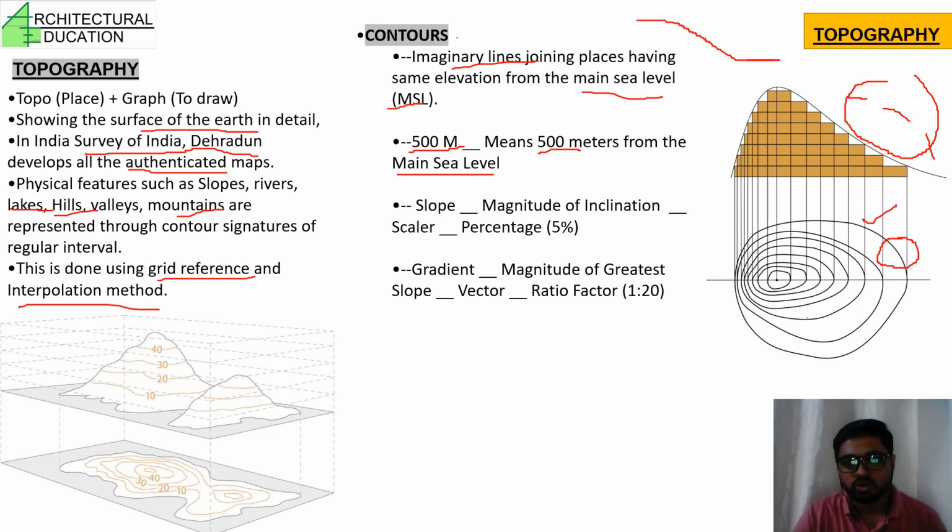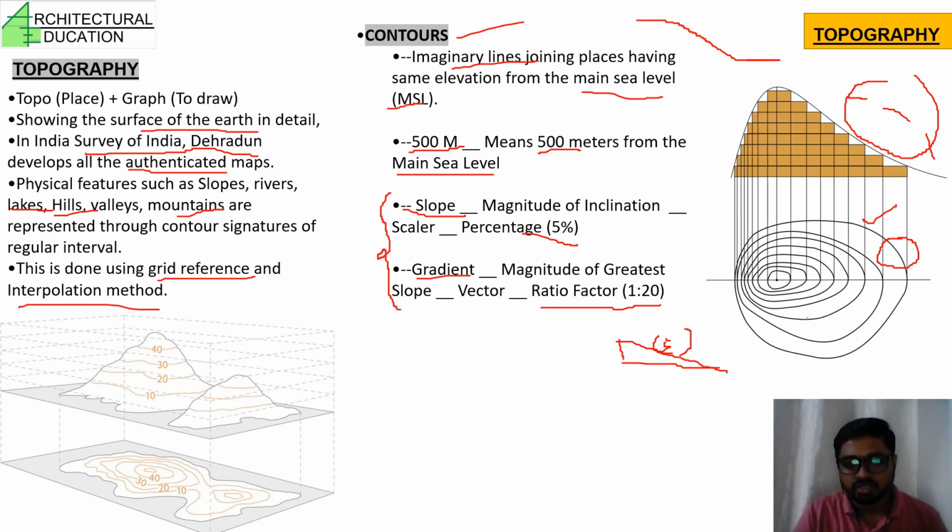When it comes to contours, there are two important factors which are always a part of it, slope and gradient. Slope represents the percentage, and gradient represents the ratio, like 1:2, 1:20. So that means for every 1 meter we have to go around 20 meters to maintain the ratio of some percentage, that is 5%.